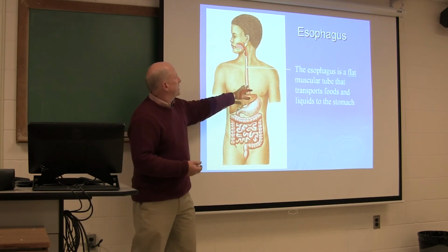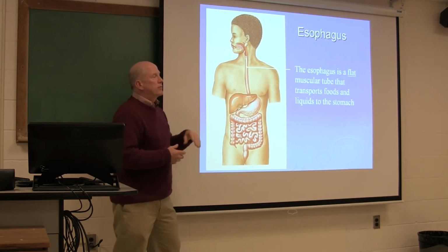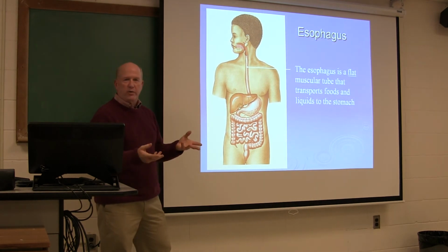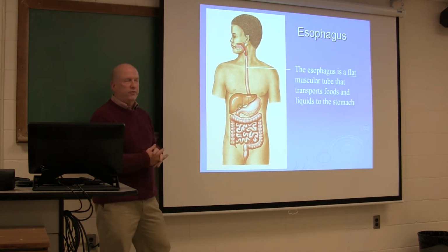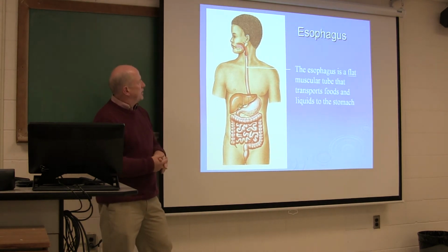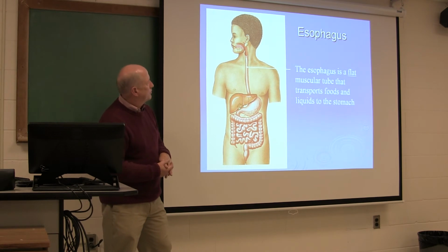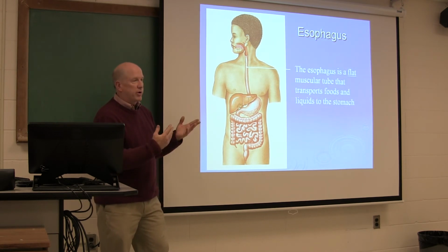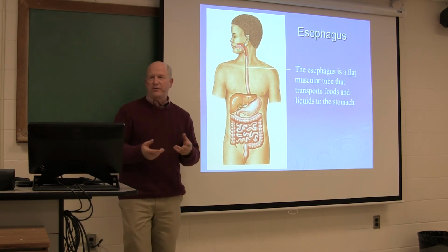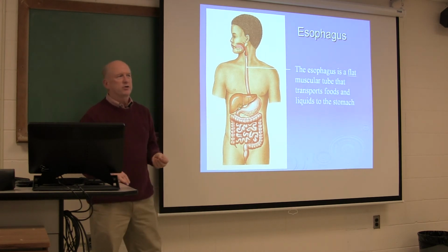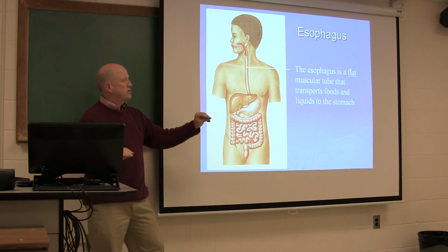You'll see that right behind the trachea. And you'd swear it was a regular muscle to move the body. Well, here it's moving food down from the pharynx into the stomach. Cool. And it does it with that peristalsis movement. But I was surprised the first time I saw it, I said, wow, it looks just like a sartorius because it's a flattened tube. Good.